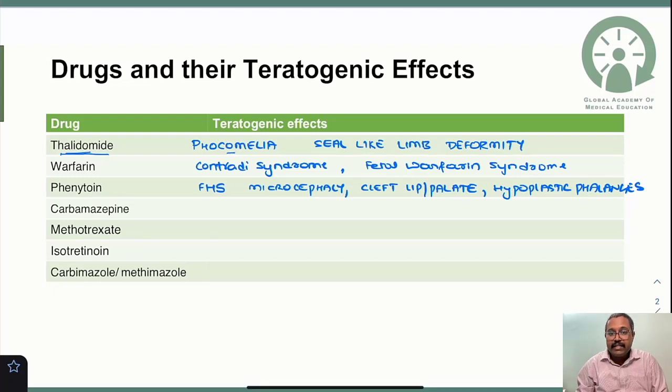So you can call it a triad of teratogenicity caused by phenytoin: microcephaly, cleft lip or cleft palate, as well as the hypoplastic phalanges.